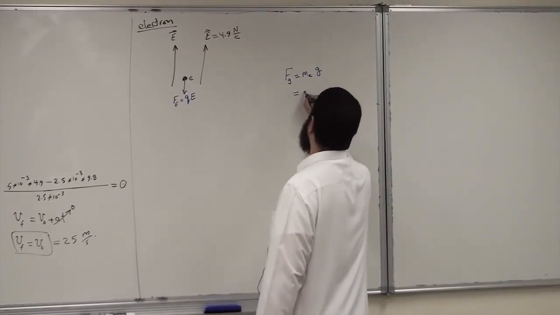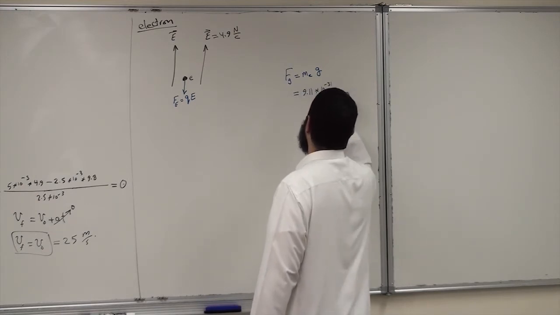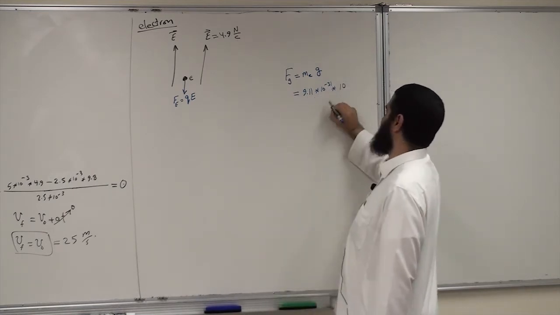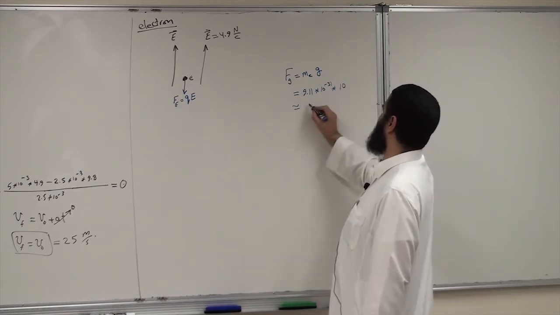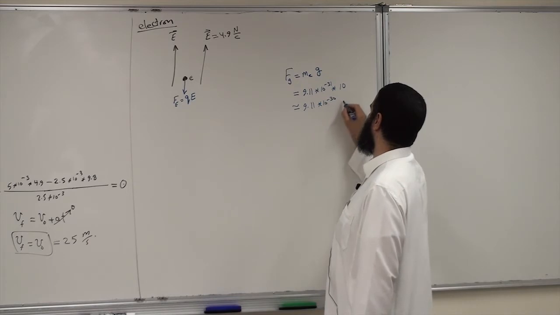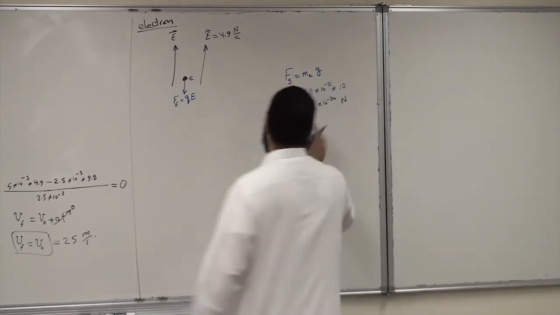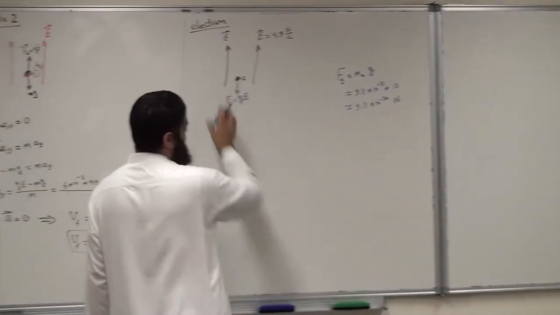So you are talking about 9.11 times 10 to the minus 31 multiplied by 9.8 or 10, for example. So this is roughly 9.11 times 10 to the minus 30 Newton. It is a very, very small force if we compare it with the electric force here.